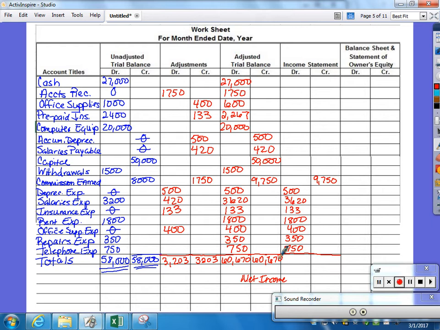What do you subtract in order to get net income or net loss? Subtract expenses from revenue, or in this case, expenses from commissions earned.